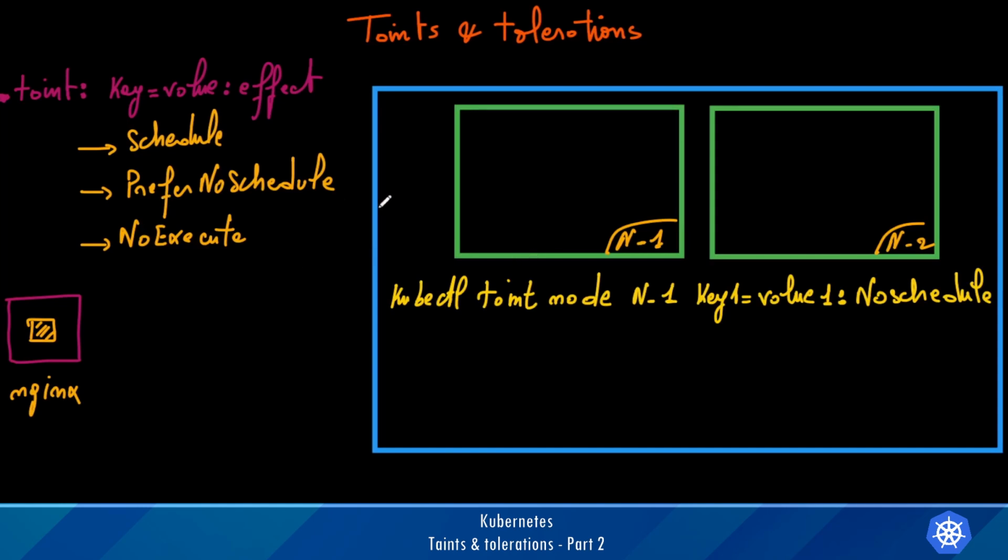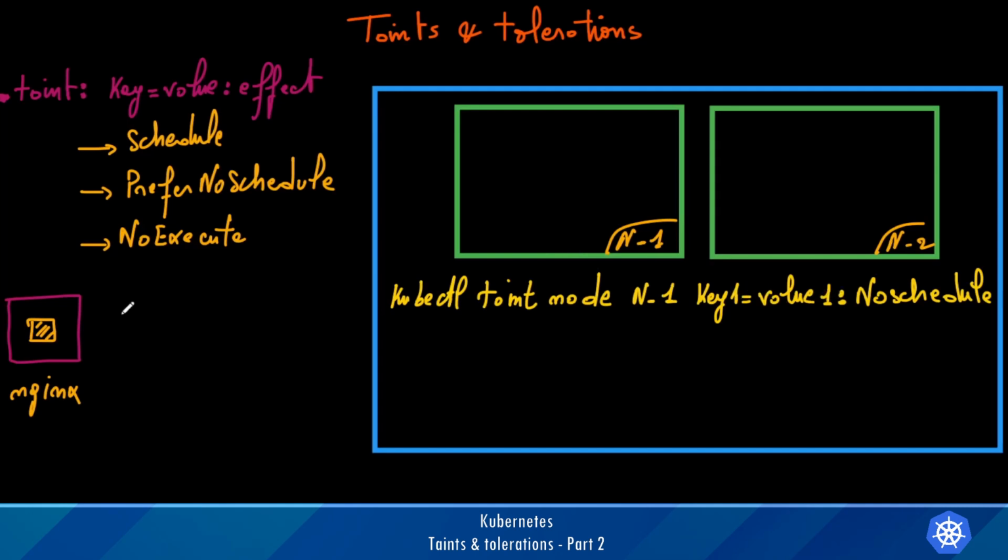We saw previously that taints are something that we set on nodes to prevent pods from being scheduled on that node. For example, here we taint this first worker node with this taint. So now the first worker node will not accept any pod unless the pods tolerate this taint.